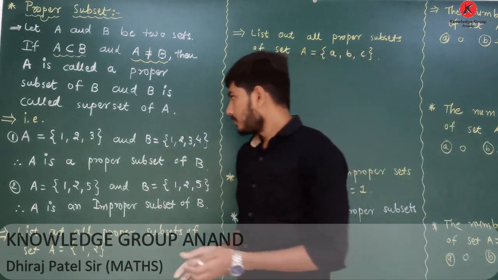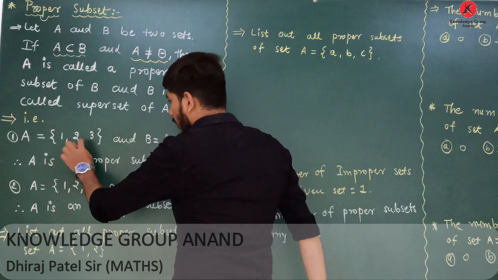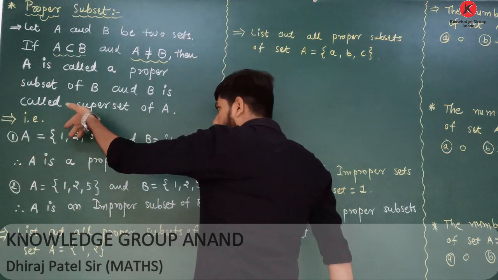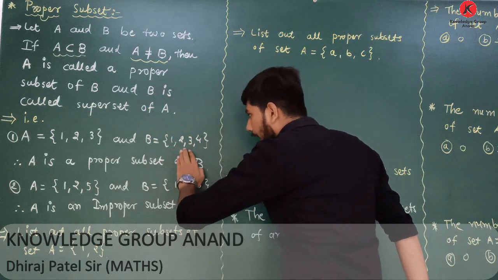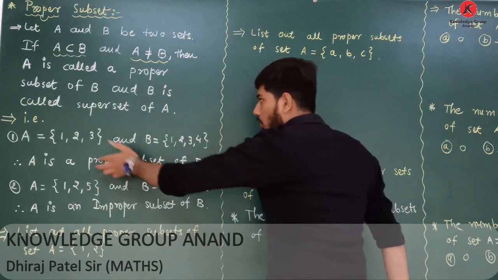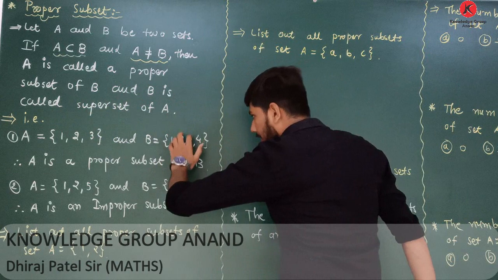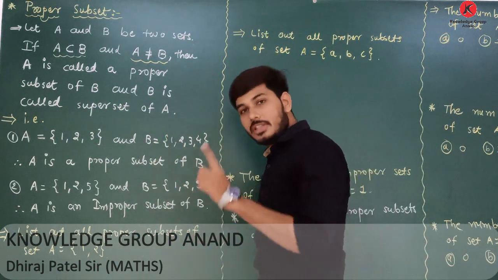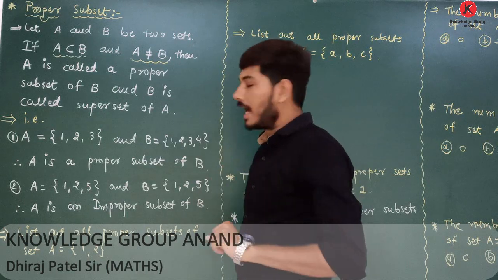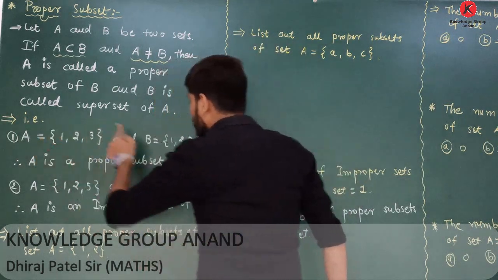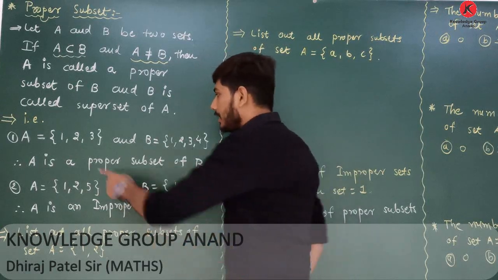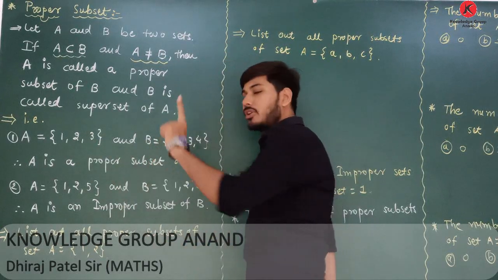See here, 1, 2 and 3, the three elements of set A, means all the elements of set A are in set B. Therefore, we can say that A is a subset of B.